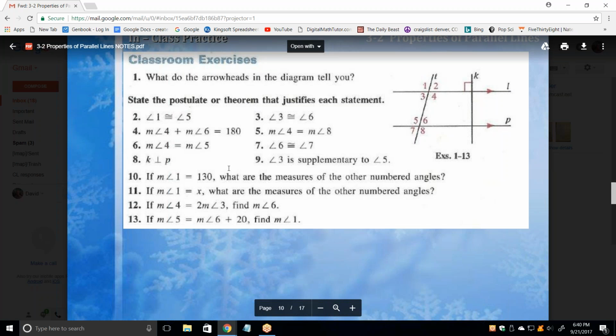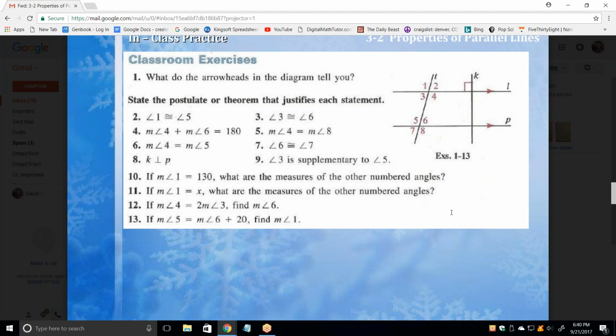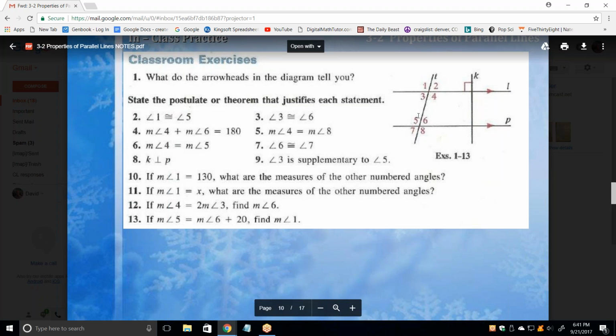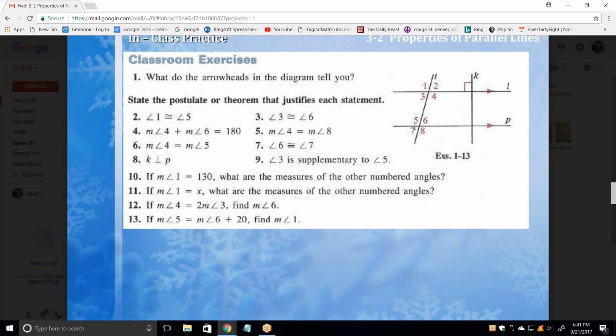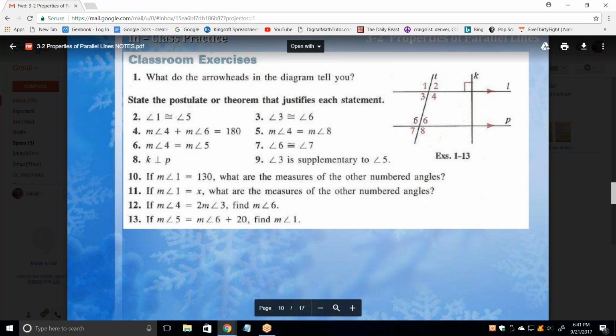Okay. Why is 3 supplementary to 5? Right, because they're same side. Same side interior. Well, I don't think you even have to say that. I think it's just same side angles are supplementary. Maybe you'd want to say same side consecutive. Those are consecutive angles.